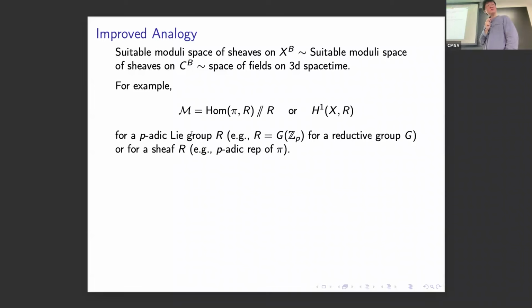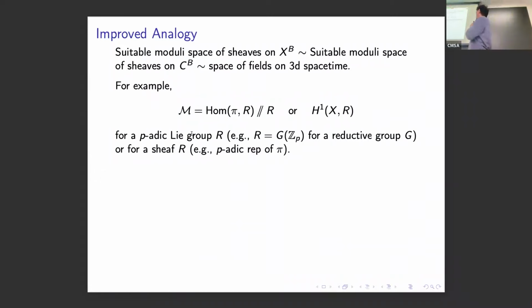In other words, the moduli space, or some sheaf of p-adic kinds of moduli spaces, are very important.